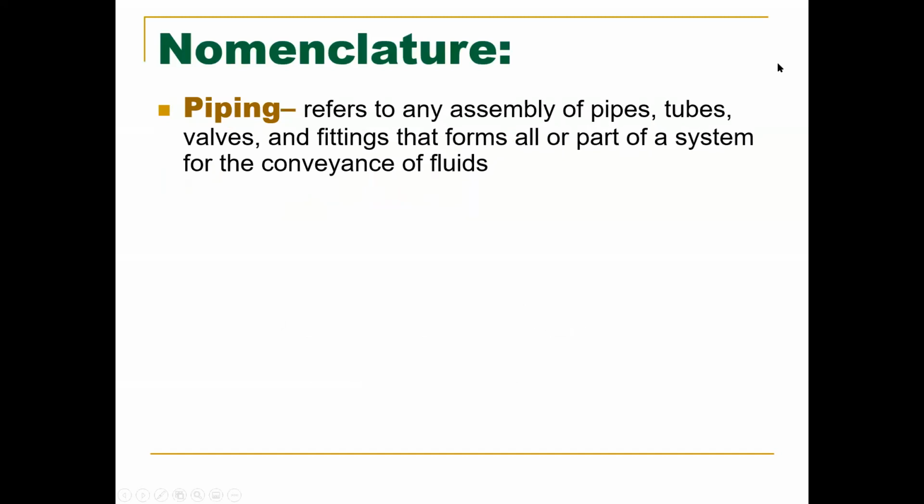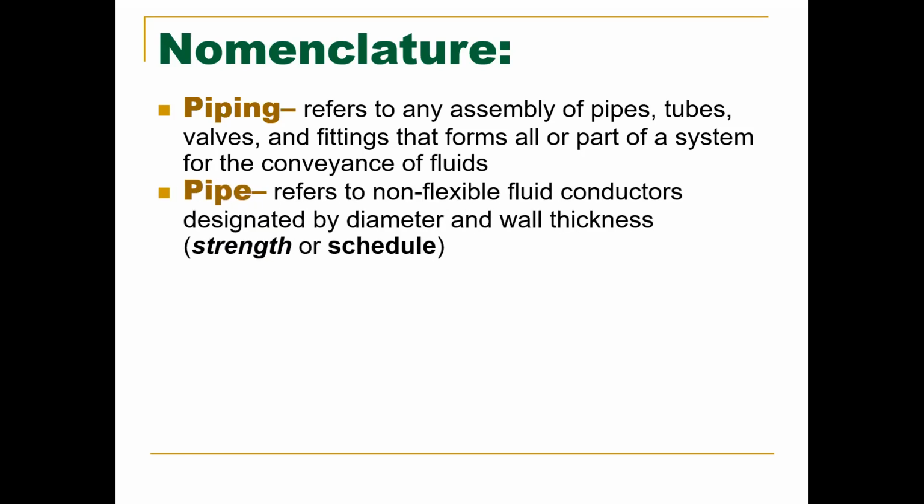All right, so going into piping. First of all, we're going to do some nomenclature. Piping refers to any assembly of pipes, tubes, valves, and fittings that form all or part of a system for the conveyance of fluids. A pipe refers to a non-flexible fluid conductor designated by the diameter and wall thickness, either strength or schedule.